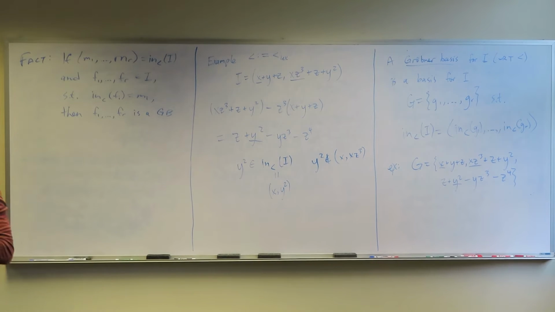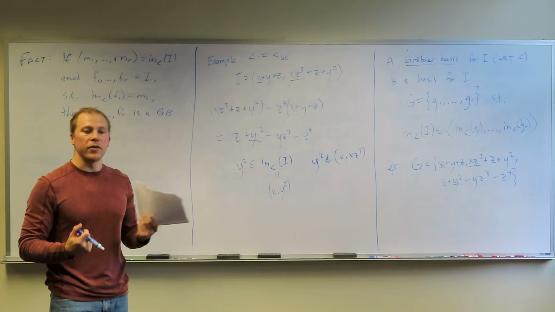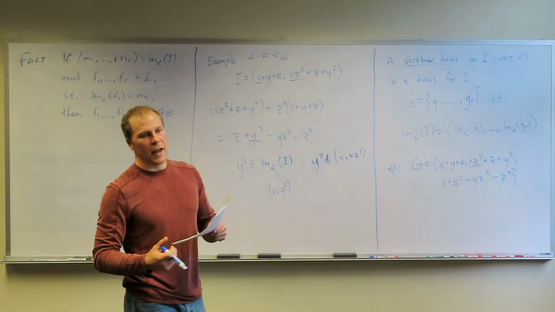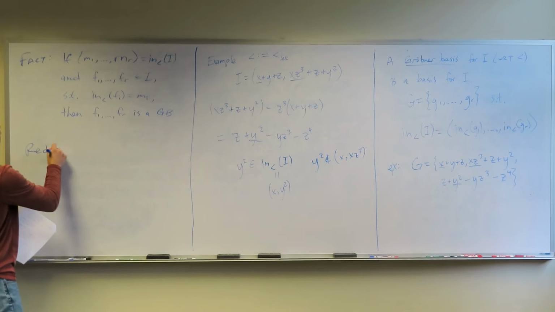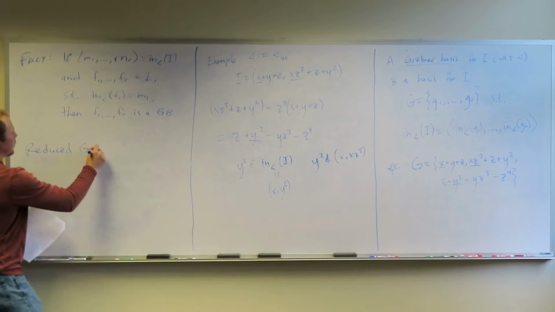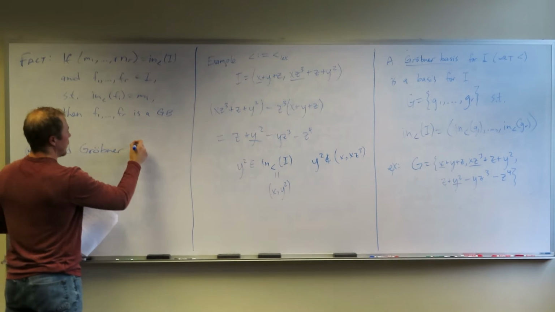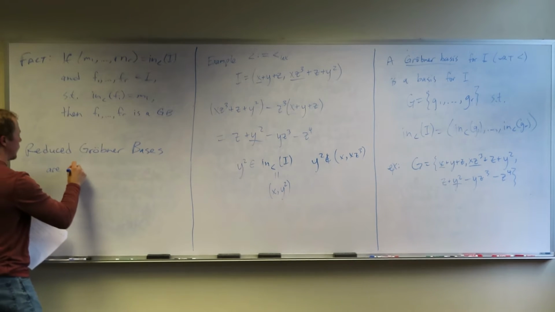Which leads to the next problem, which is that Gröbner bases aren't unique. Even for a specific monomial order, I can have multiple Gröbner bases, and there's a way we get around this. We just do what we usually do, find an adjective that works. So reduced Gröbner bases are unique.